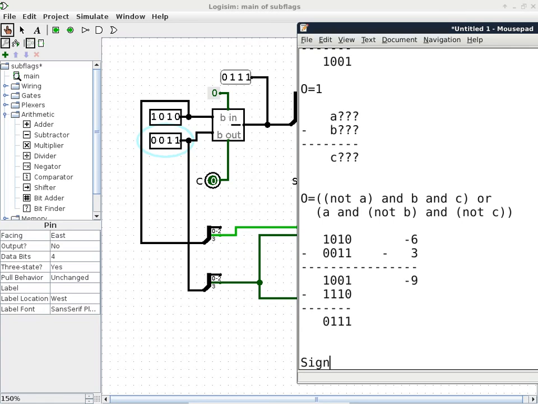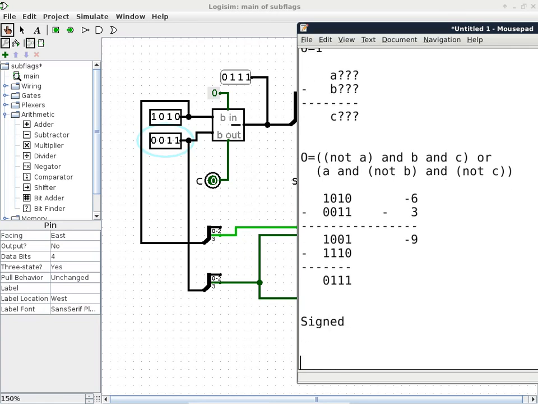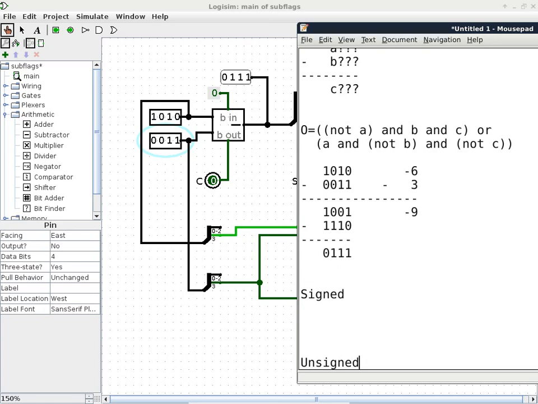So you have to indicate whether we are dealing with signed numbers or unsigned numbers, because the way you interpret the flags is different. Even though the subtraction is done exactly the same way and the flags are set exactly the same way, you pay attention to different flags depending on whether it is signed or unsigned. Okay? So we'll go ahead and start with some examples where the result is different. When you treat a number as a signed number and when you treat the same bit pattern as an unsigned number, the result should be different.